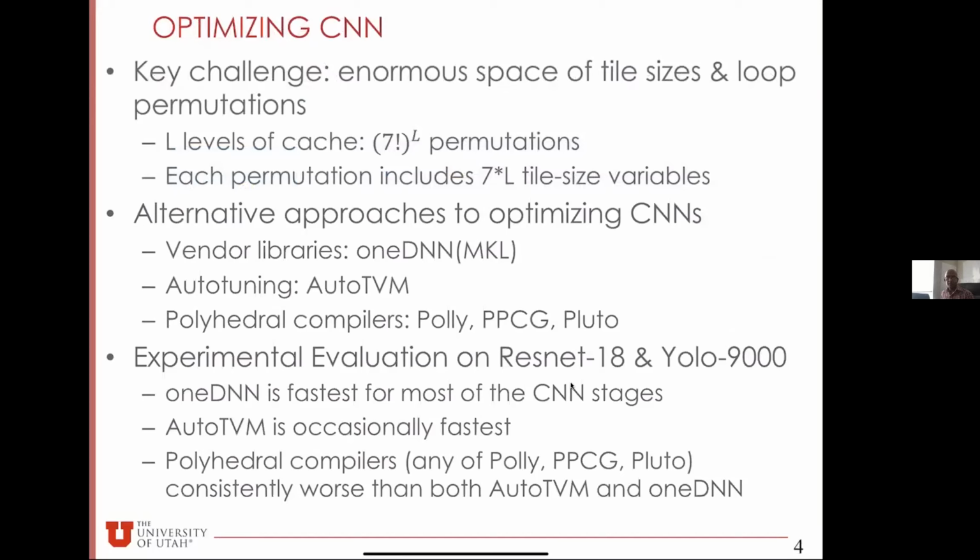What we find, and we'll show results later, is that for most of these stages, MKL-DNN was the fastest amongst these. AutoTVM is occasionally the fastest, but in general, MKL-DNN is faster. And anything produced by any polyhedral compiler, such as Polly, PPCG, Pluto, etc., is basically consistently worse than both AutoTVM or MKL-DNN in terms of the achieved performance on multi-core processors.